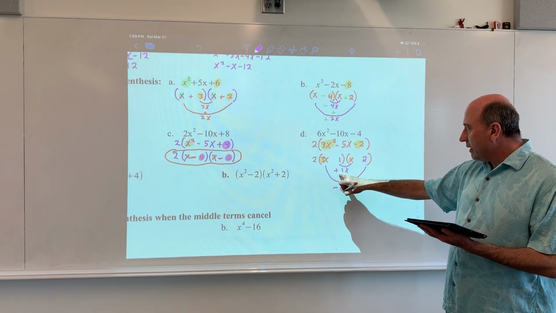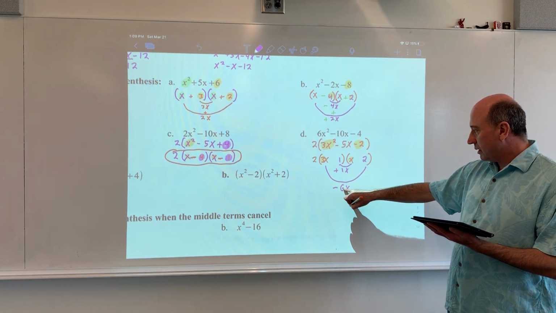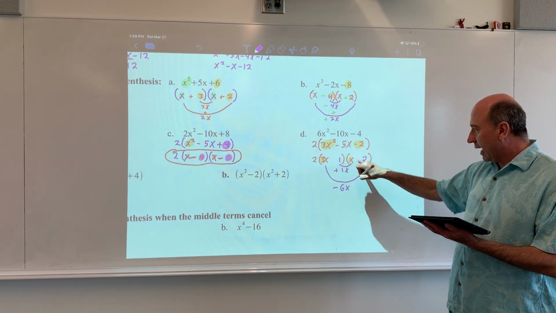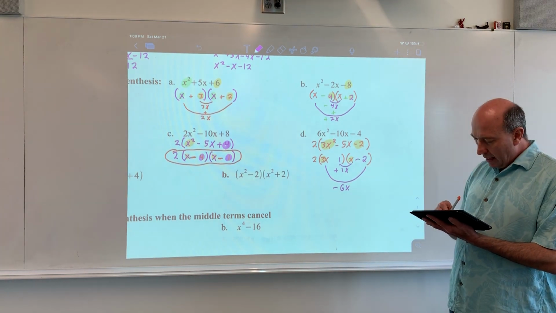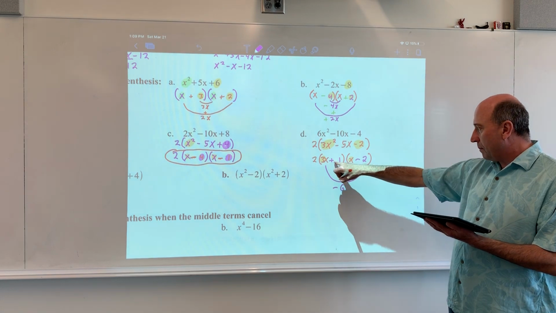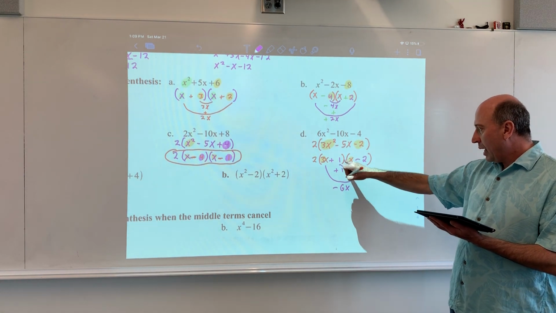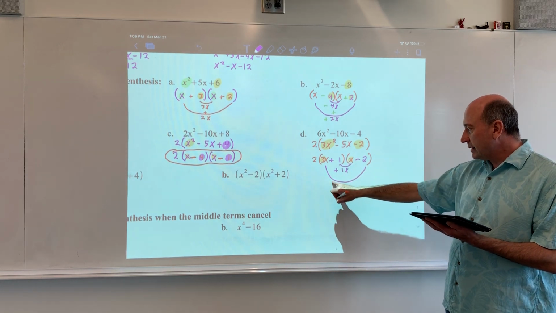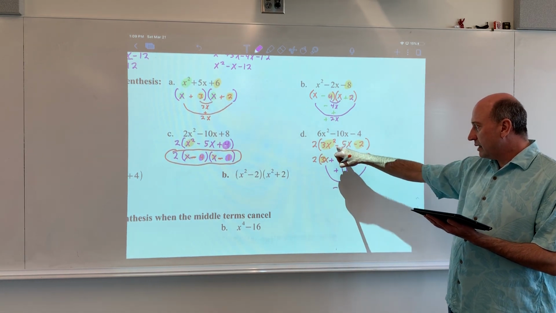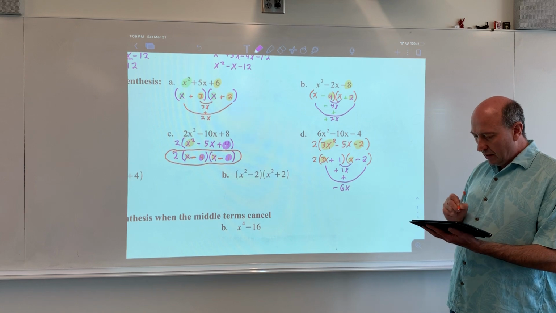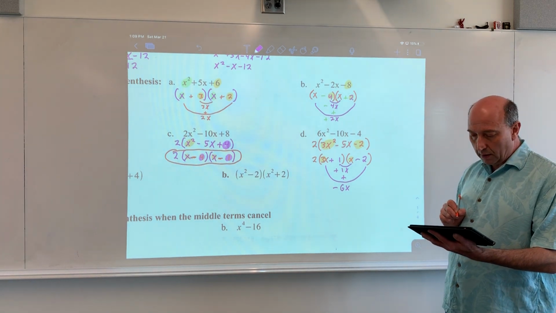I want 1 negative and 1 positive. Let's see, so if I want a negative 6, the negative would go there, and the positive would go there. Now a positive times a negative is a negative. And 1 plus negative 6 is negative 5. I finally got the puzzle to work.